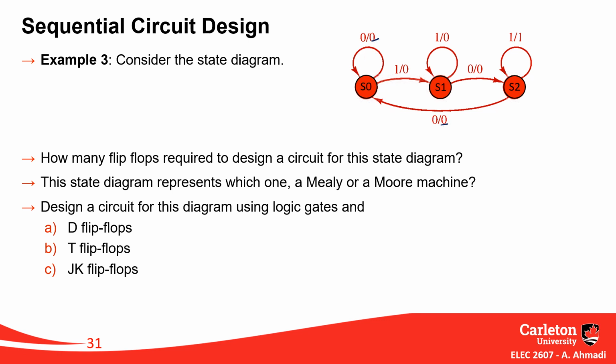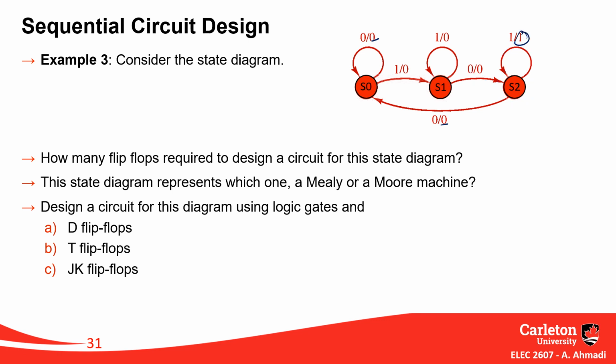How about S1? For S1, if you're coming from this way, your output is 0. If you're coming from S1, your output is 0. And that's it. S1 is also good. How about S2? At S2, if you're coming from this way, your output is 0, but if you're coming this way, your output is 1.